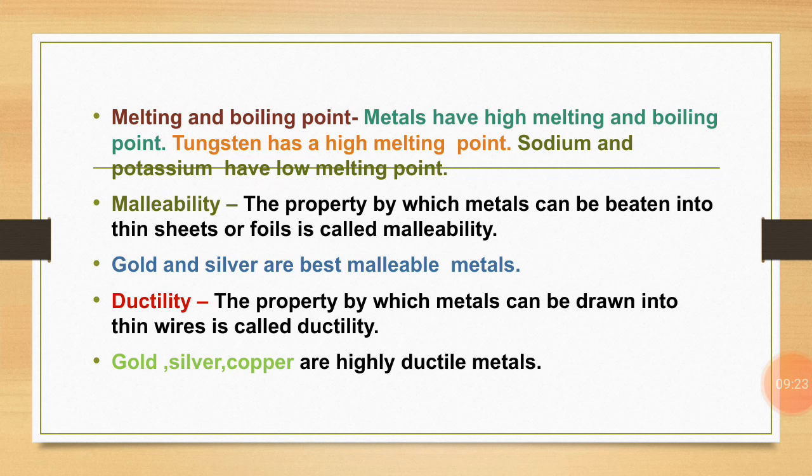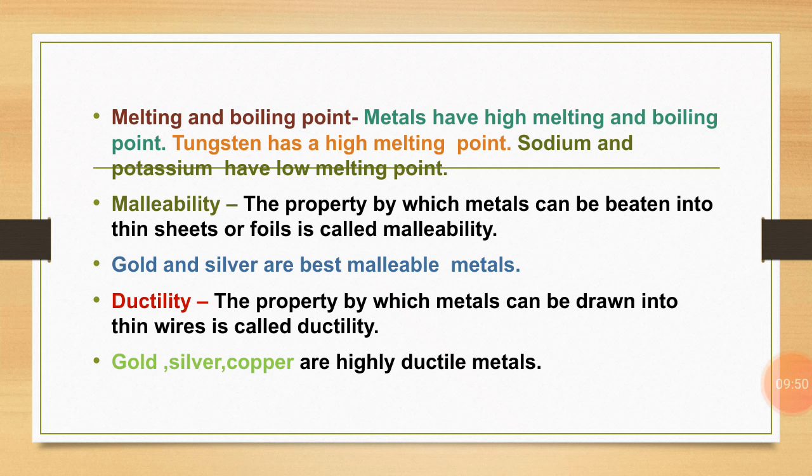For example, tungsten is a metal with a very high melting point, which means it melts at a very high temperature. That is why tungsten wire is used as the filament of a bulb, because it cannot melt at very high temperature.